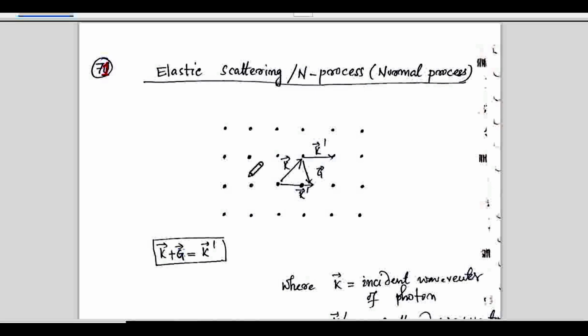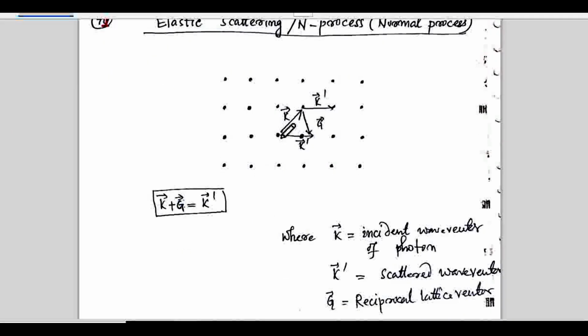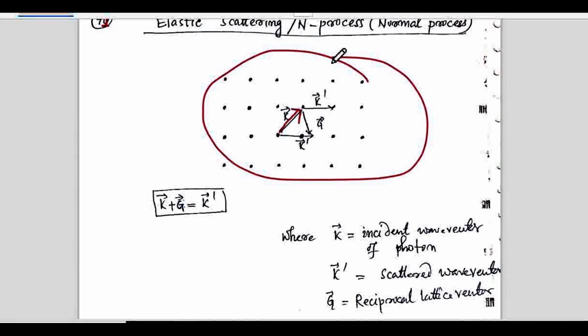So you see, when any photon is incident on any lattice point, or we can say reciprocal lattice point, because we are dealing with the inverse space, that means momentum space, so it is a reciprocal lattice space. Any photon coming in this direction is scattered from this reciprocal lattice point in this direction k dash.